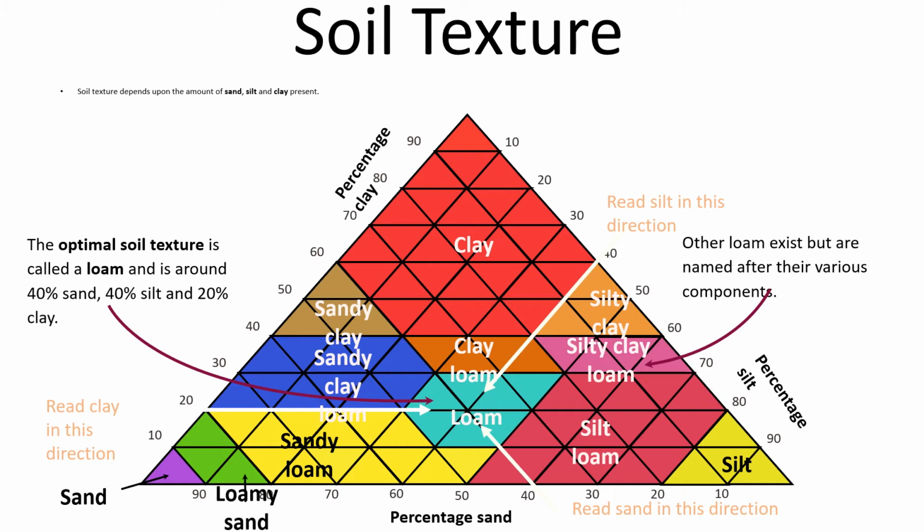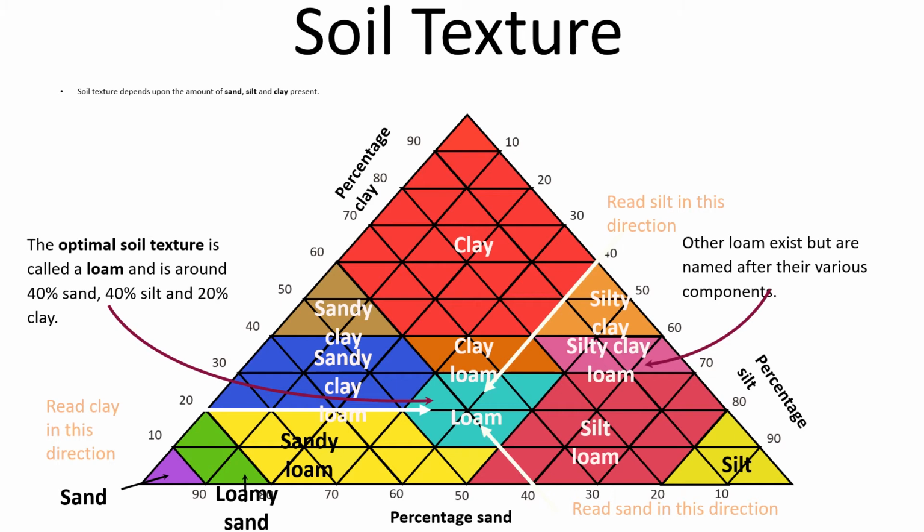Really pay attention to the examples that I'm giving you in class to review. It's kind of hard to explain on a PowerPoint, but basically, let's say, for example, I have 40% silt. You can see on the right-hand side of the triangle you have silt, so I'm going to come down 40% silt, 40% sand, and 20% clay.